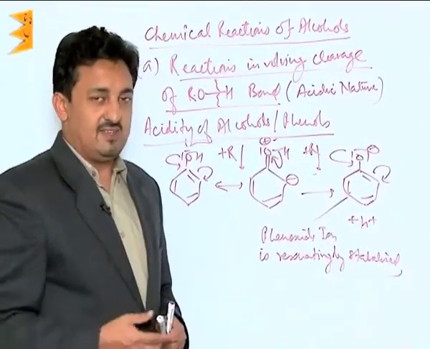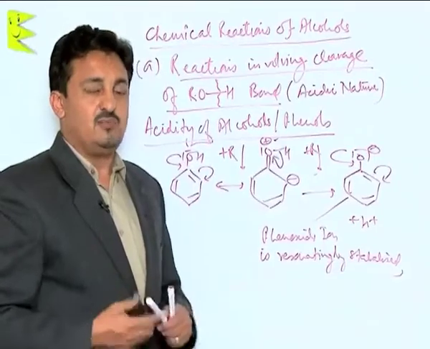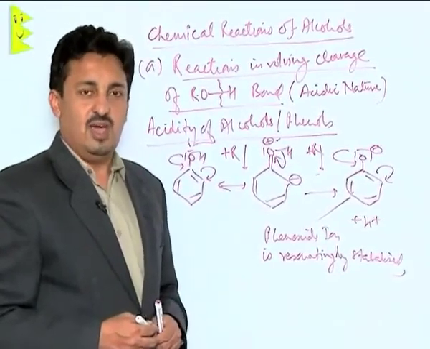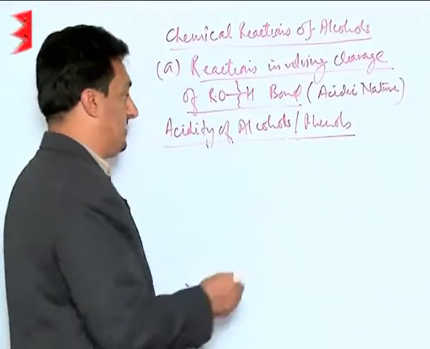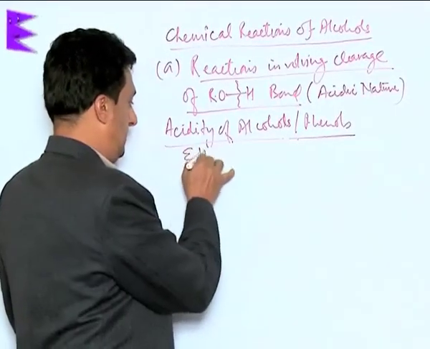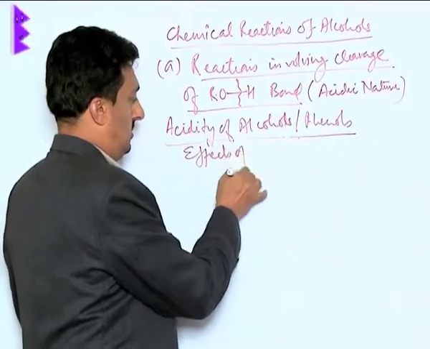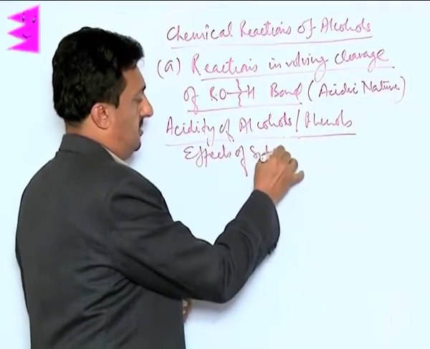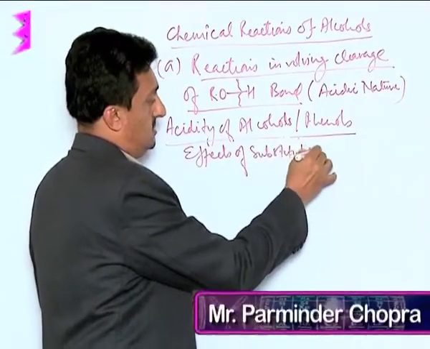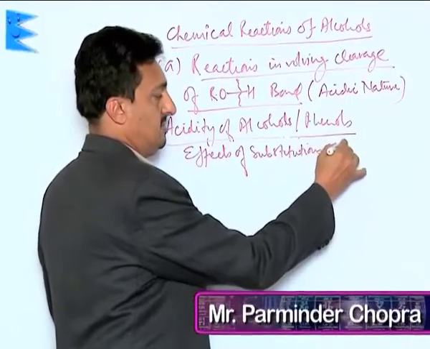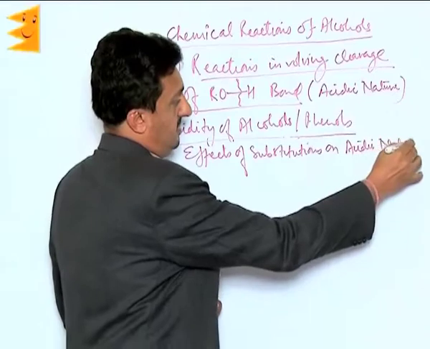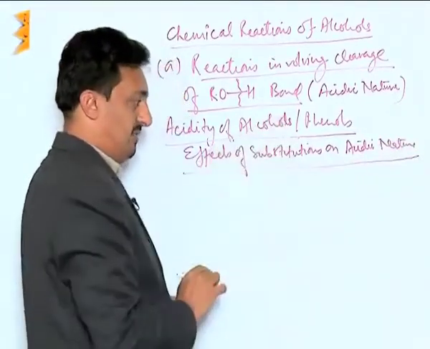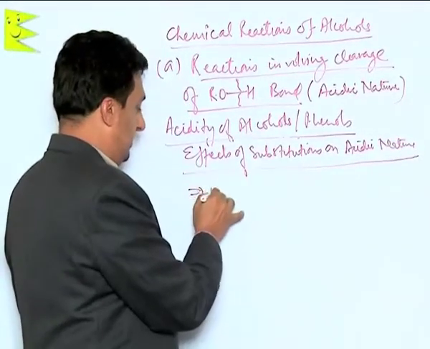Now the next thing of interest is the effect of substitutions on the acidity of phenol. Let us discuss the effect of substitutions on the acidic nature of alcohols and phenol. See, it's very clear.